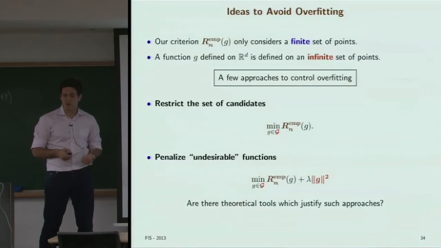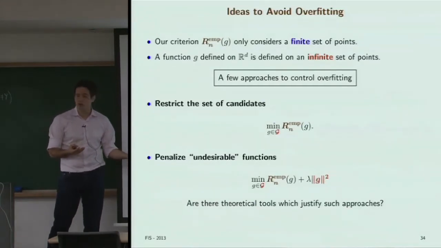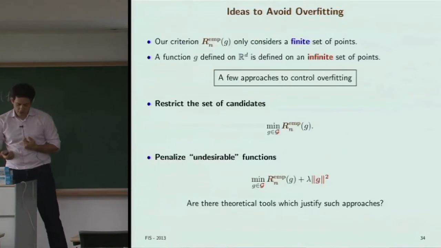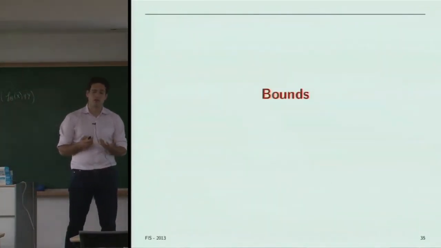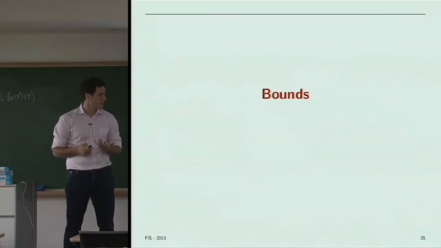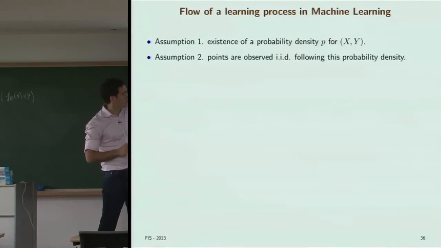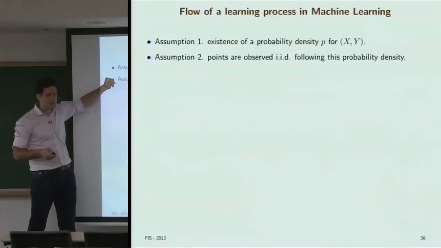This is the answer we will try to provide. Are there theoretical tools which can justify these ideas? The most basic tool to do that are called bounds, basically, learning bounds. So we will build on those 2 assumptions again. There is a probability and the sample is IID.